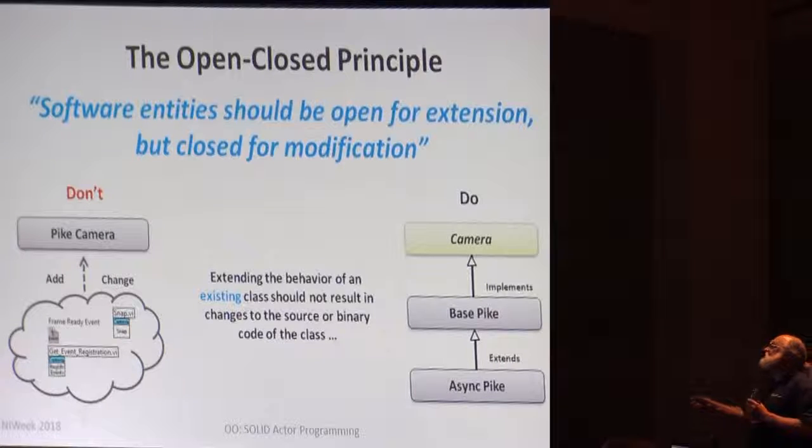The right path is to create an asynchronous Pike class, which is a child of the base Pike, and add the asynchronous feature there, and override the snap method there. Maybe with a different name, so you can do snapping synchronously and asynchronously. And this would not affect any of the applications that use the old Pike camera driver. So you don't have to revalidate. This is incremental cost. You can refactor stuff easier this way.